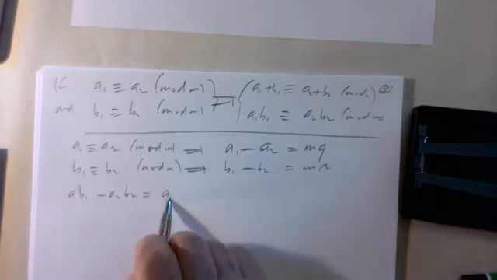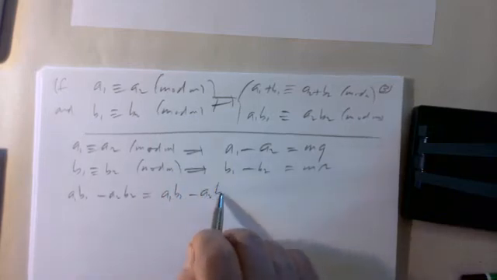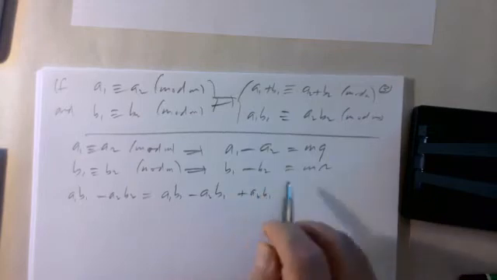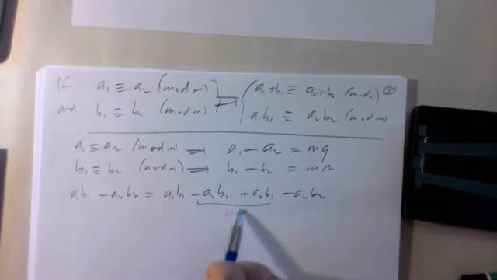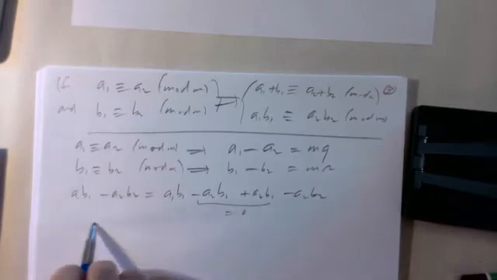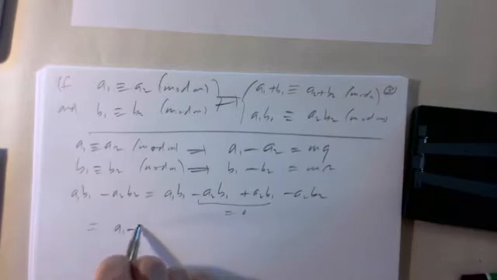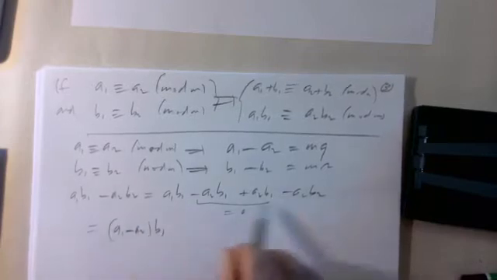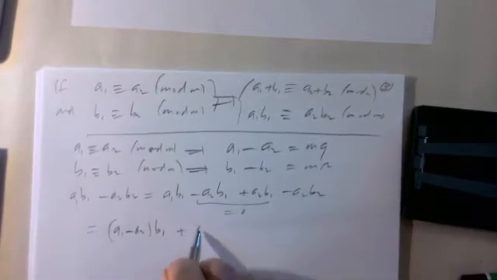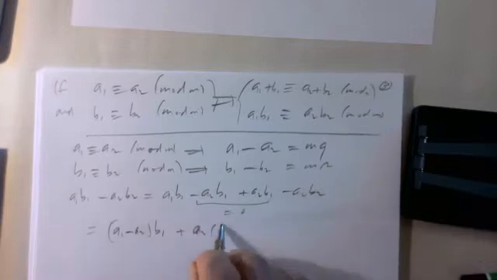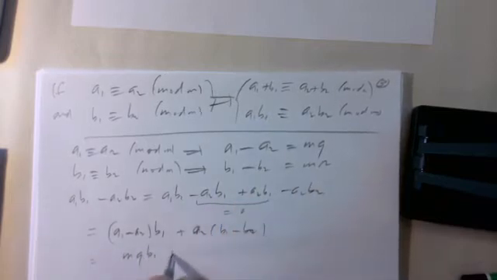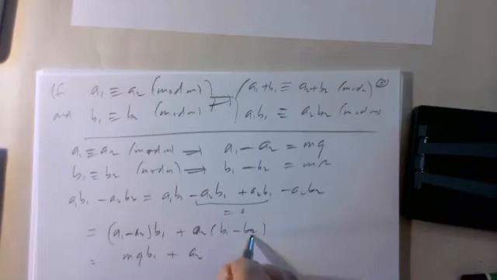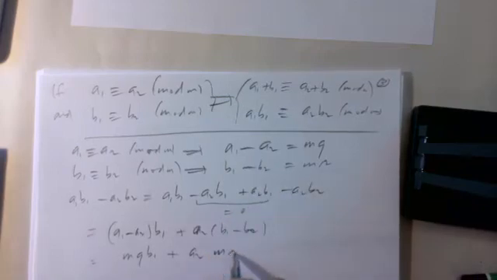I can write this as A1 B1 minus A2 B1 plus A2 B1 minus A2 B2, because I've just added 0. This is A1 minus A2 times B1. This is A2 times B1 minus B2. A1 minus A2 is mq. B1 minus B2 is mr.